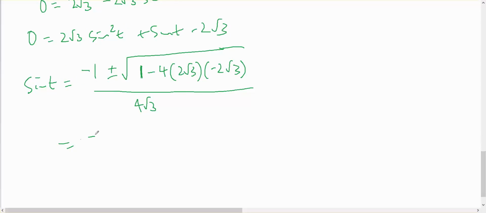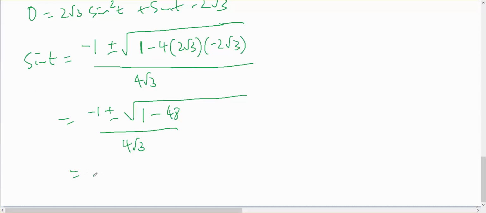It's going to equal negative 1 plus or minus the square root of 1 minus 4 times 2 is 8, times 2 is 16, times 3 is 48, and it's positive, on top of 4 root 3. I've got negative 1 plus or minus 7 on 4 root 3.